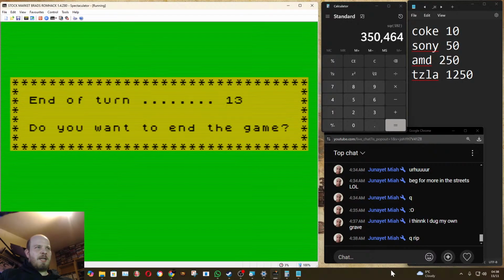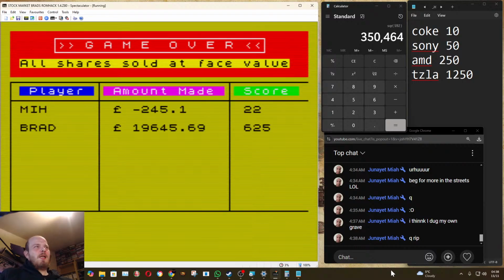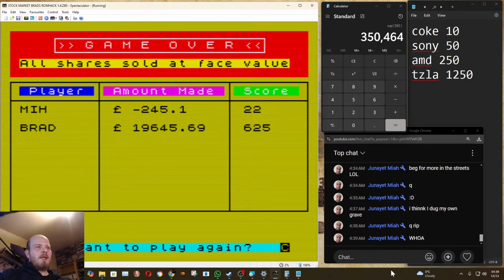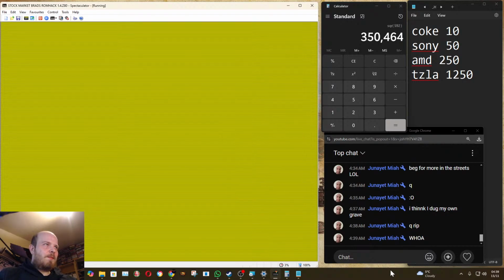However, because the interest rate is high, Mia's got minus 245. Because remember, you start on 1,000, so you actually was on 755. So you see the difference between 700 and 20,000. It's not really worth carrying on at that point. So let's try again.